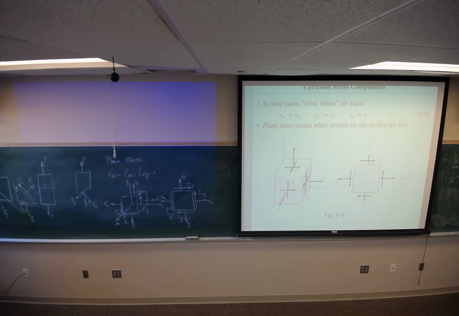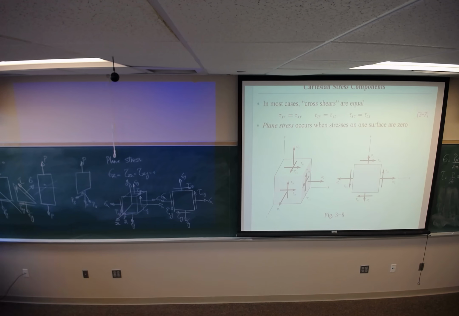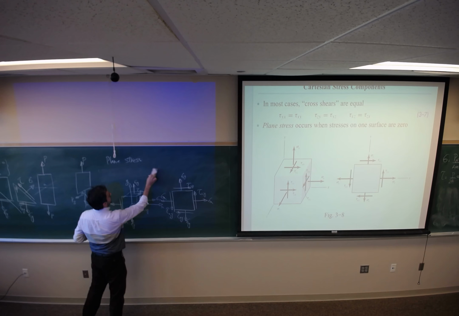What we need to do for this part is write the summation of the forces equal to 0 in the x and y directions. If we do that, we can derive two equations, one for sigma and one for shear stress.